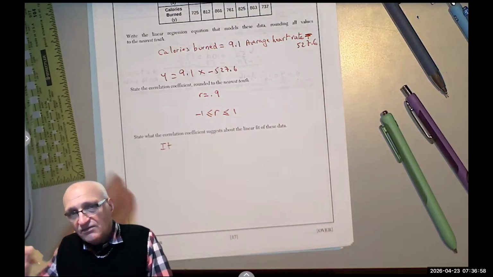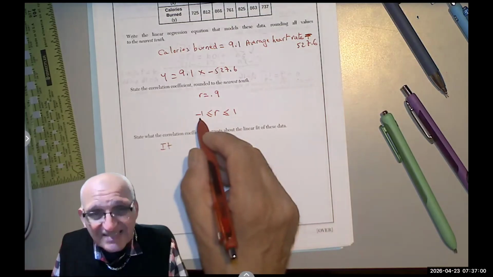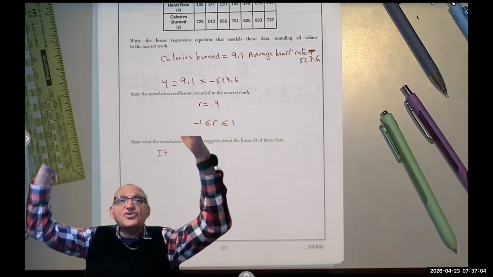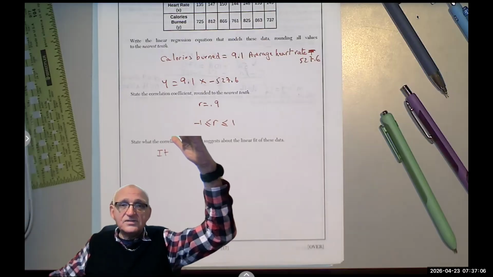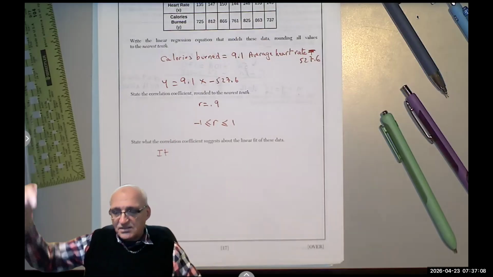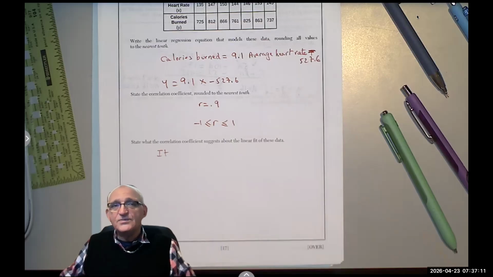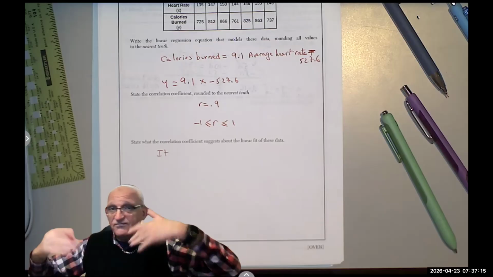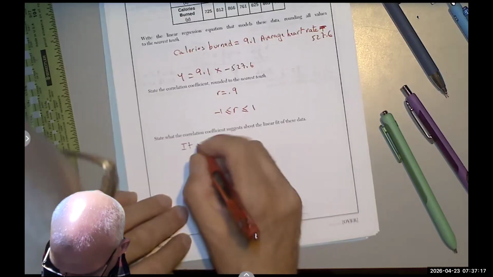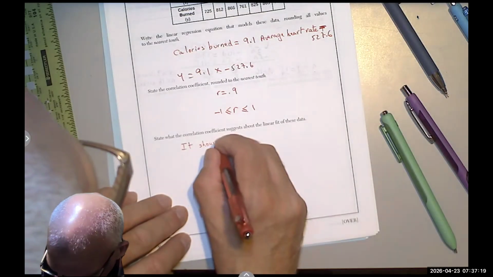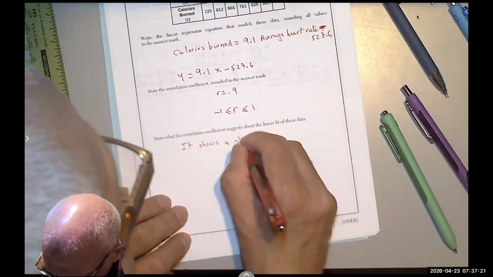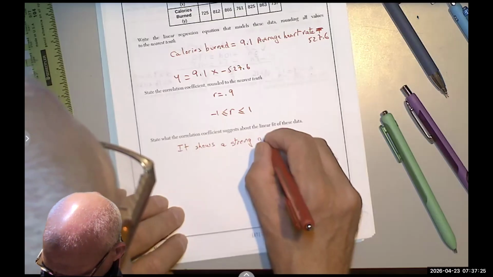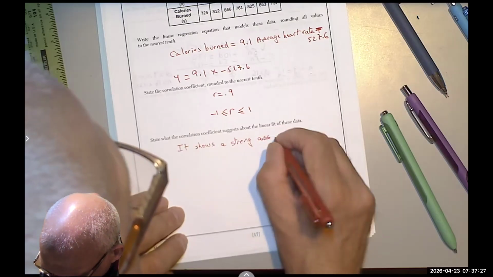If it's negative, then if the heart rate increases, the calories burned decrease, and vice versa. But if it's closer to 1, if one increases, the other does, and if one decreases, the other does. They follow each other, meaning it shows a strong, because 90% is strong, positive association.